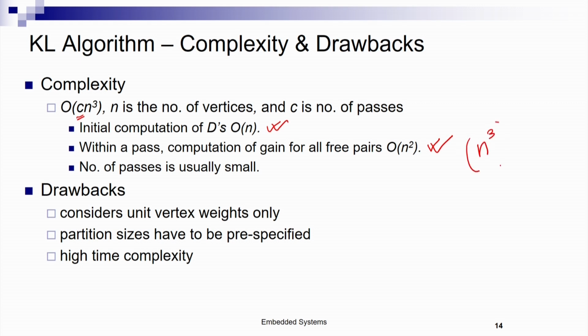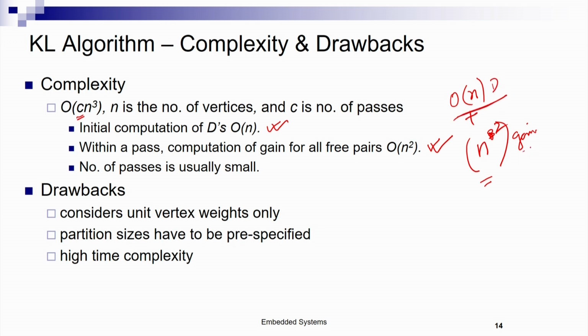So, n square complexity in the calculation of gains: firstly you have to calculate d, big O of n, plus after calculating this you have big O of n square complexity in calculating the gain values for each pair of nodes. This is for gain values, this is for d. First you calculate d in a separate phase.